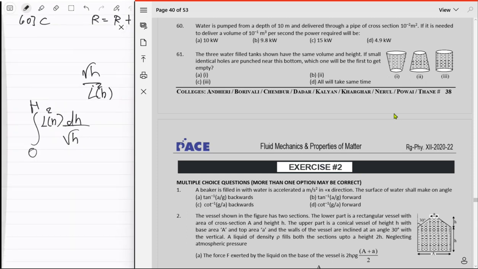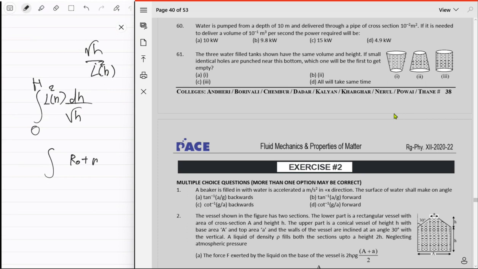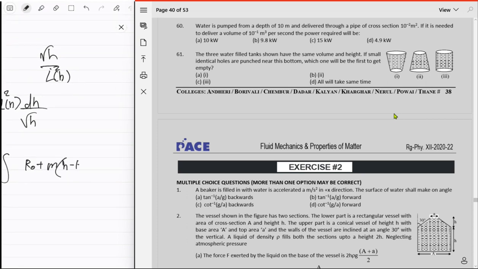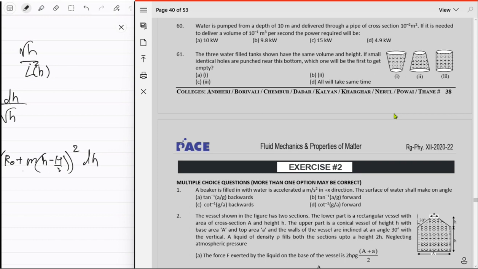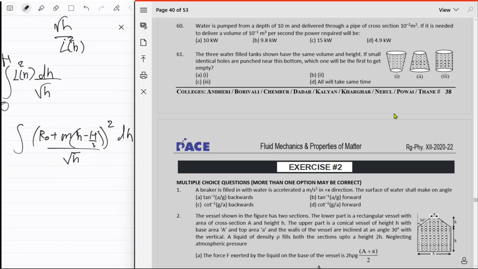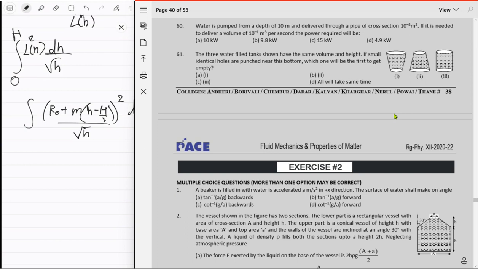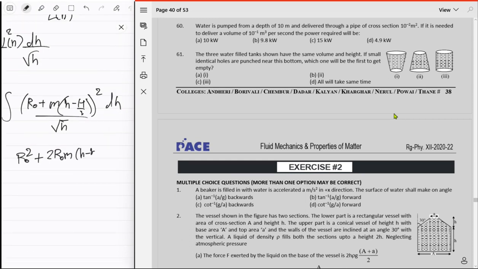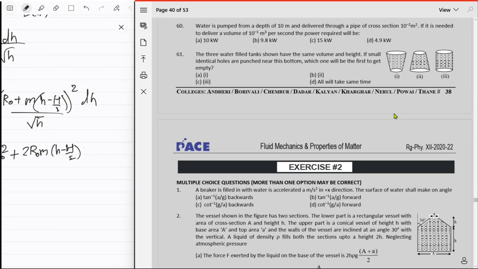So it's the integration of r naught squared plus m times h minus H upon 2, squared, and then you got the dh upon square root of h, right? So this will be r naught squared plus 2 r naught m times h minus H upon 2 plus m squared times h minus H upon 2 squared, over square root of h, dh.